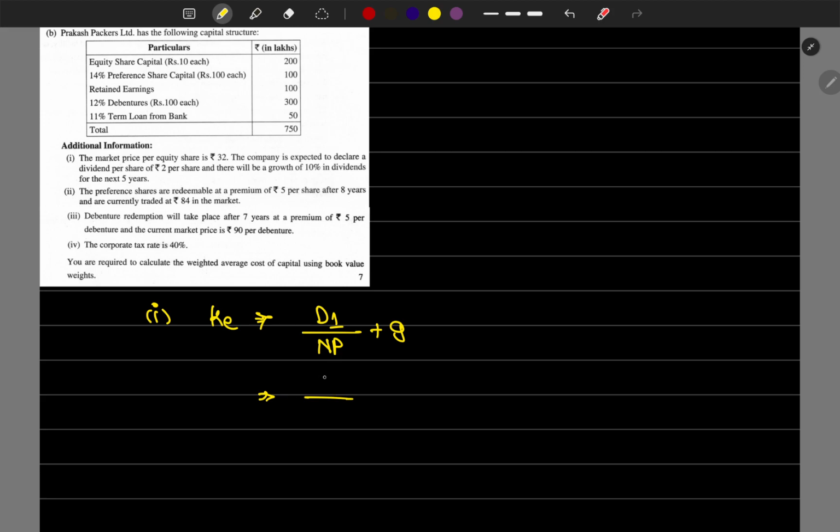D1 is 2 per share, and net proceeds is the market price 32, P0. So 2 divided by 32 plus growth rate 10%, which is 0.1625.